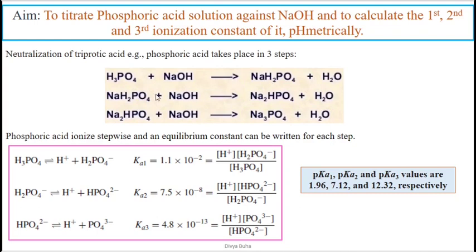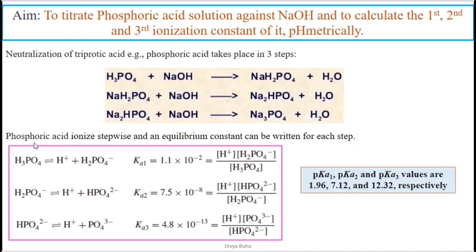Then this sodium dihydrogen phosphate reacts with NaOH again. One of the two protons gets titrated to give you Na2HPO4, that is sodium hydrogen phosphate. Then the last proton gets titrated against NaOH and you will be getting sodium phosphate, Na3PO4, plus H2O. So you can see that neutralization occurs in three different steps, right? And at the end, the entire neutralization of the phosphoric acid is completed when all of the three protons have been titrated against NaOH.